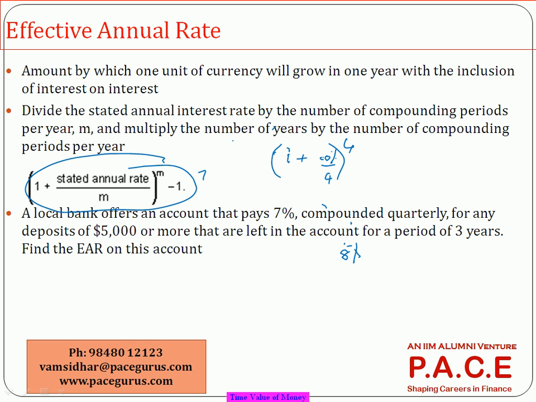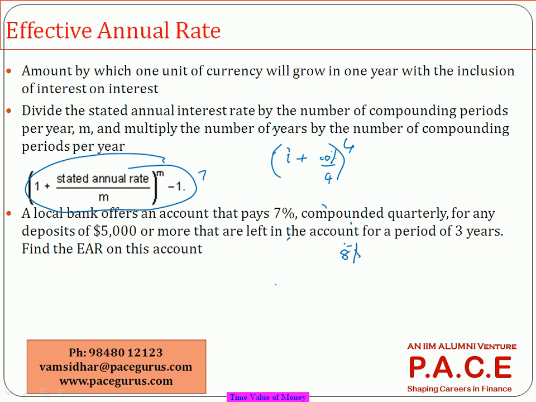An account that pays 7% compounded quarterly. Here the quarterly interest is not 7. The annual interest rate is 7, but the compounding is happening quarterly, for a deposit of 5,000 or more that is left in the account for a period of 3 years.